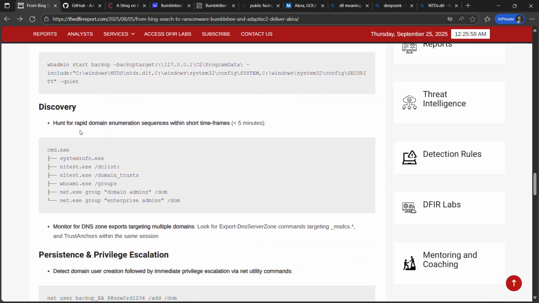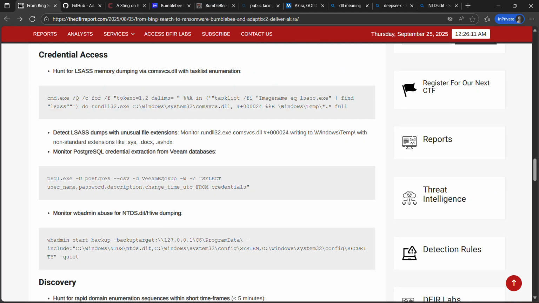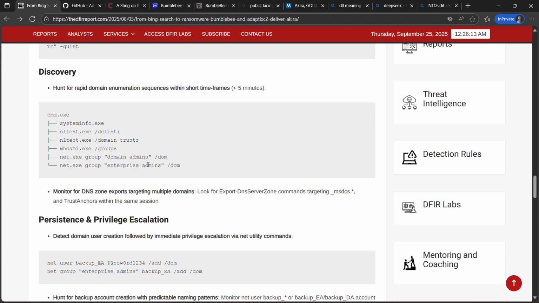Discovery. Hunt for rapid domain enumeration sequences within a short time frame. Rapid domain enumeration sequence.